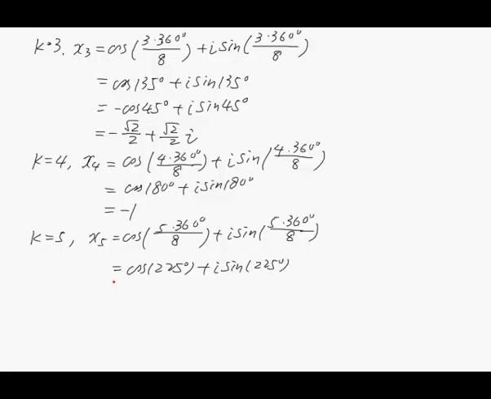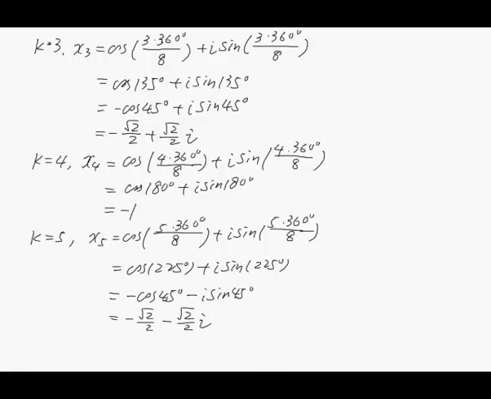The reference angle for this is 45 degrees. It's in quadrant 3, so cosine is negative, and the sine is also negative. Finally, we get negative square root of 2 over 2 minus square root of 2 over 2 times i. So this is number 6.